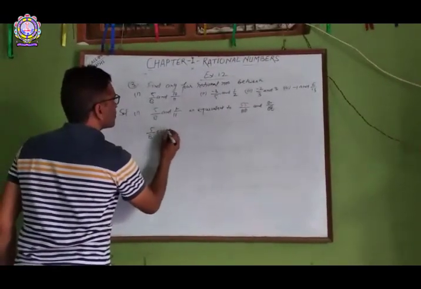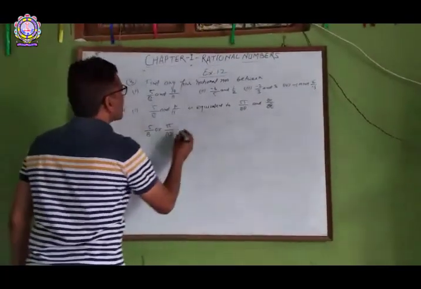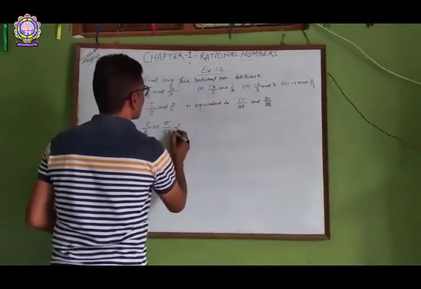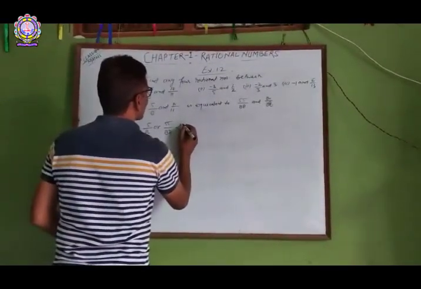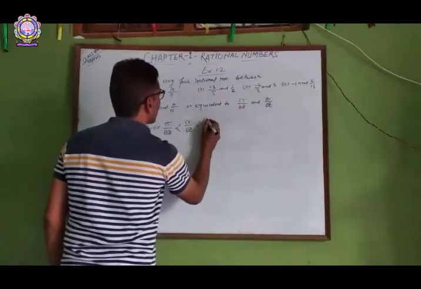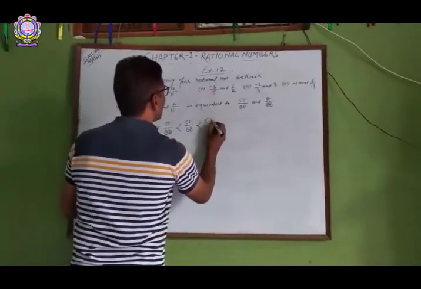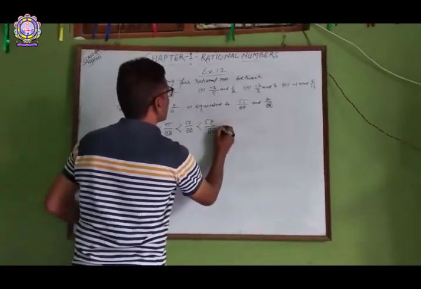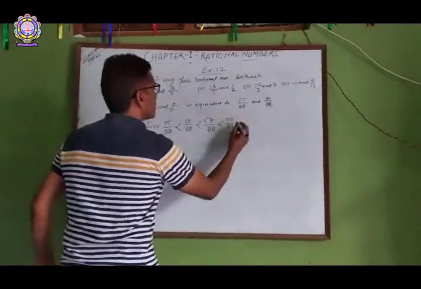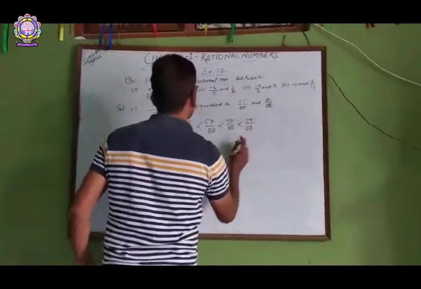Therefore, we can write 5/8 or 55/88 is less than 56/88 is less than 57/88 is less than 58/88 is less than 59/88.